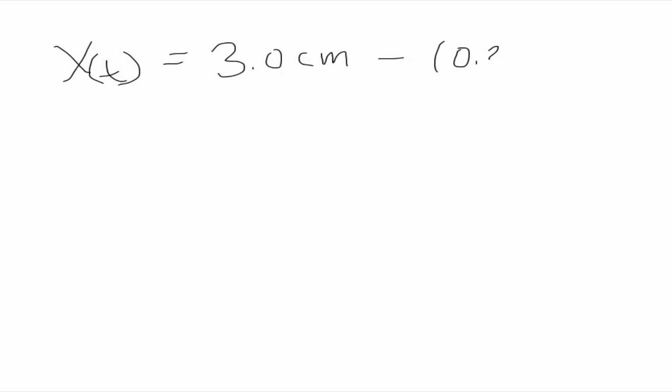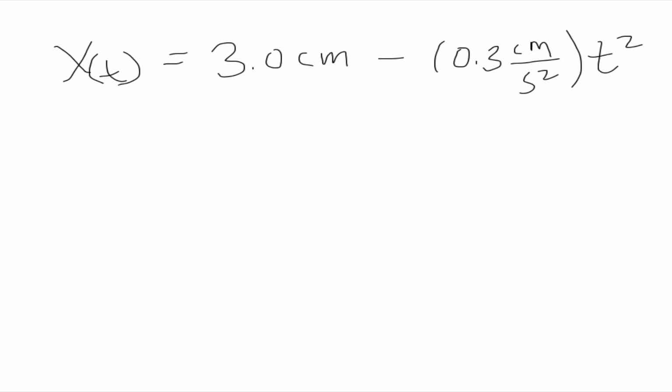Okay, so let's say our displacement, x of t, or x, is going to be 3 centimeters minus 0.3 centimeters per second squared times time squared.